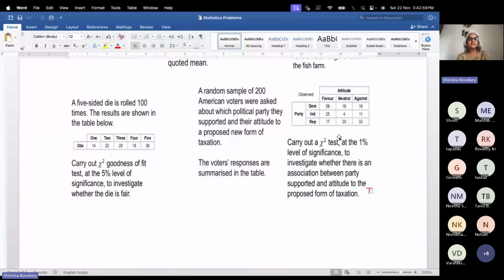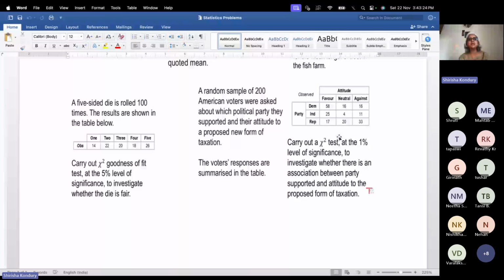Is there any association between party supported and attitude to the proposed form of taxation? One of the entries is 4, which is less than 5. Usually in a chi-square, we need all entries to be greater than 5. And if it is not, then we usually try to combine columns or rows to make sure that none of the entries are. Here, that's not what we are worried about.